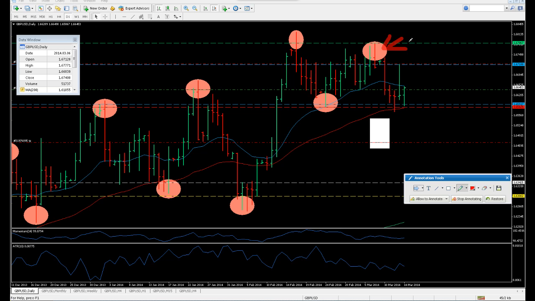According to our algos, it's a lower high compared to that high over there. We have a picture like that forming, and it's broken this particular level. So it's a price structural failure, and right now it's a downtrend in terms of GBP/USD.